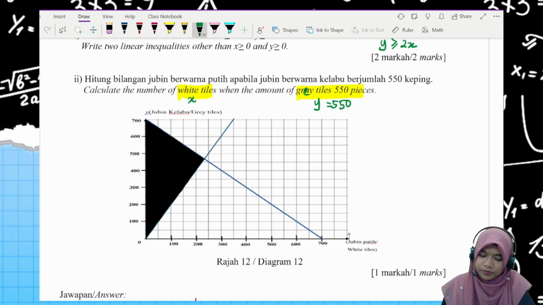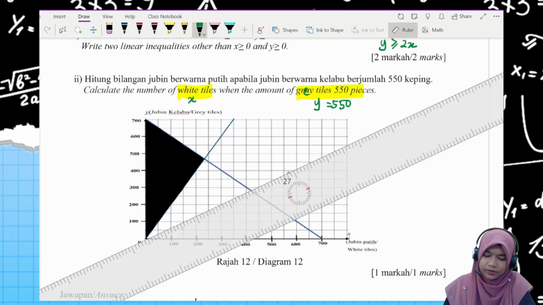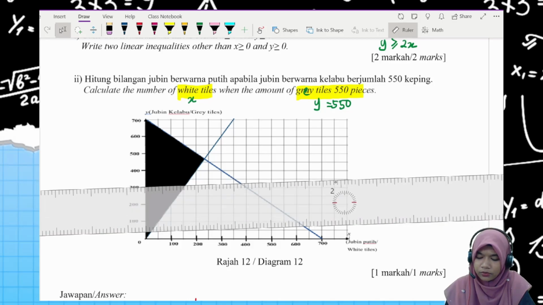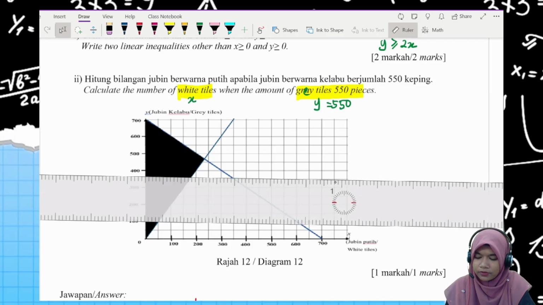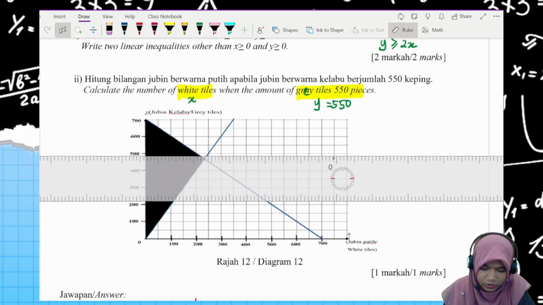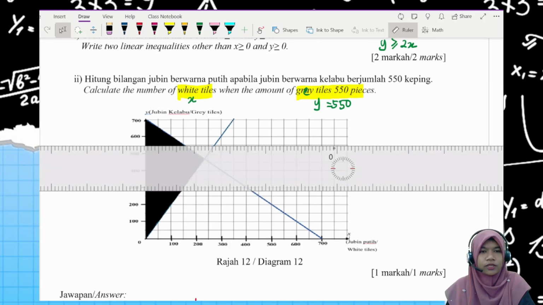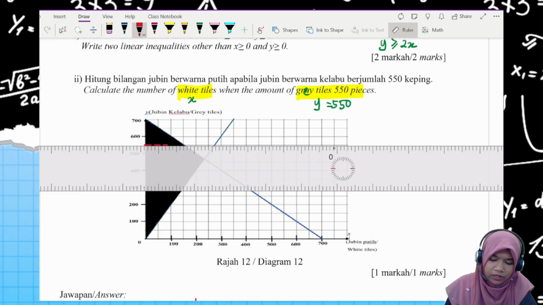You have to refer to the graph given. y equals 550. Where is y equals 550? So put your ruler, this one is 550.